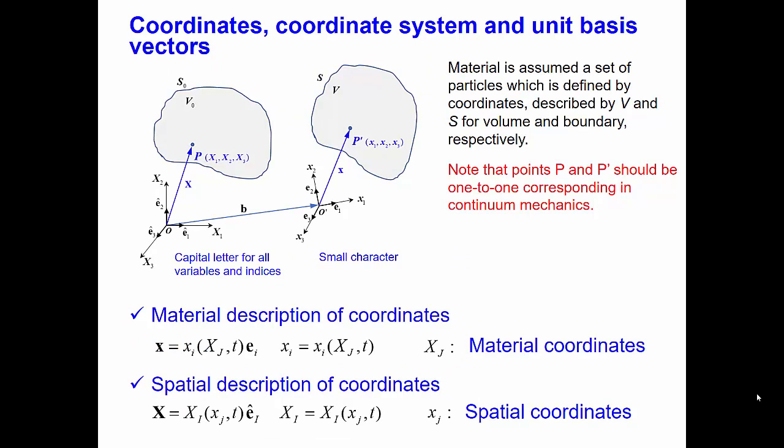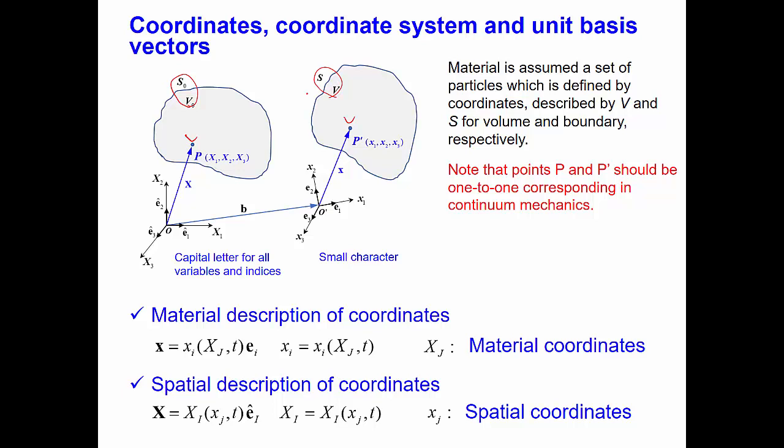First of all, we have to study how to describe material in a mathematical form. Of course, material is considered as a set of an infinite number of particles. As can be seen in this figure, material is symbolically described by a balloon with a surface.